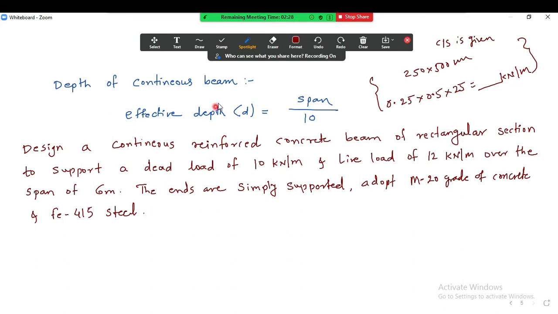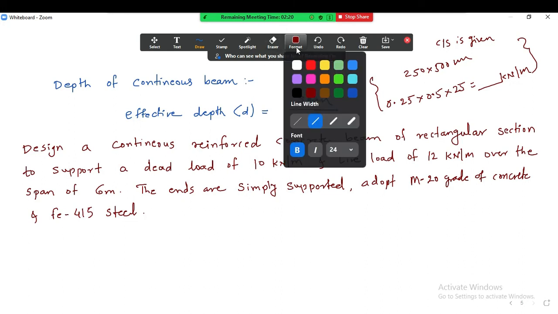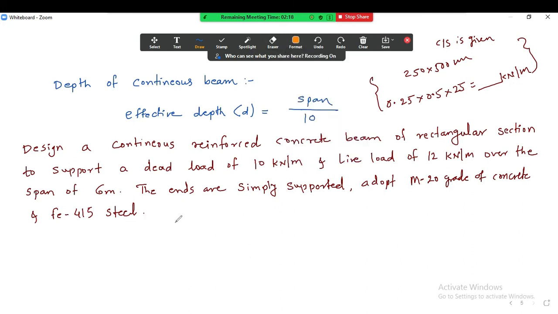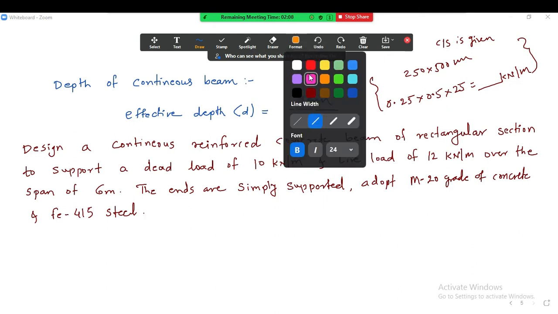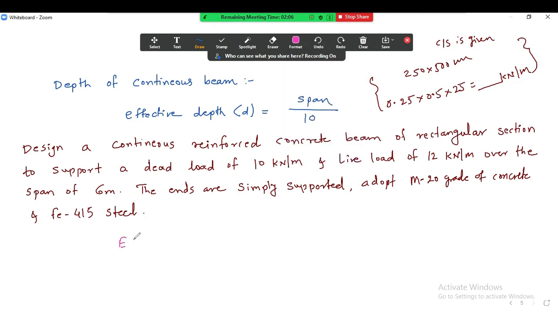Okay, so now I will write the given data first. The effective span is equal to 6 meter.